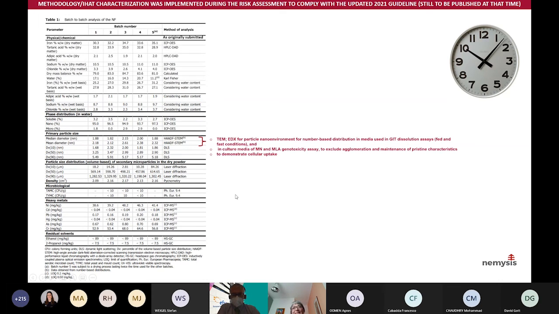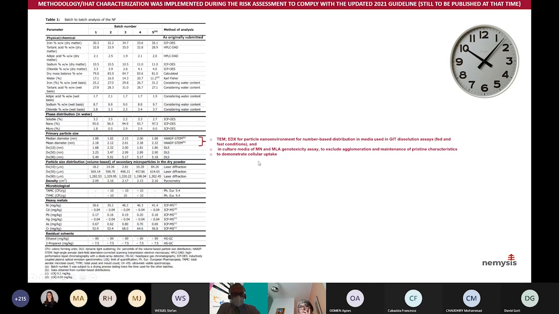This is an overview of the methodology that were used into the application. I am not entering in any detail now, but for sure open to share experience, methodological experience with those applicants that would like to follow our experience. In addition to the original STEM, now we need to take in consideration a general approach by TEM and ADX to base the number-based distribution in media that were used for GIT dissolution assay, and the genotox culture media, were the one of the genotoxic assay to exclude agglomeration and maintenance of pristine characteristic.